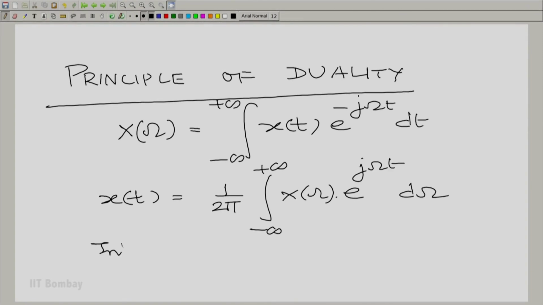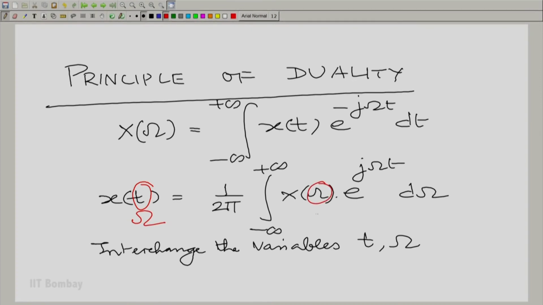Now, all that I need to do is to interchange the variables. So, after all, what is a variable? It's essentially just a name. I could write omega here and I could write t there. This will become t, this will become omega.